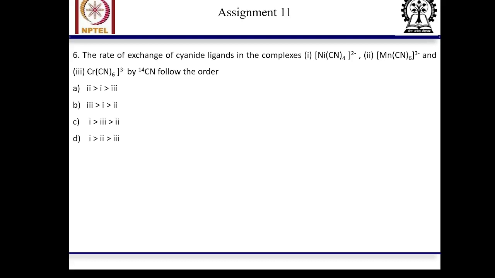Any idea? What should be the rate of exchange for the cyanide ligand in the complexes: Ni(CN)4 2 minus, Mn(CN)6 3 minus, and Cr(CN)6 3 minus? Follow the order. Any idea? We'll wait a few more seconds.